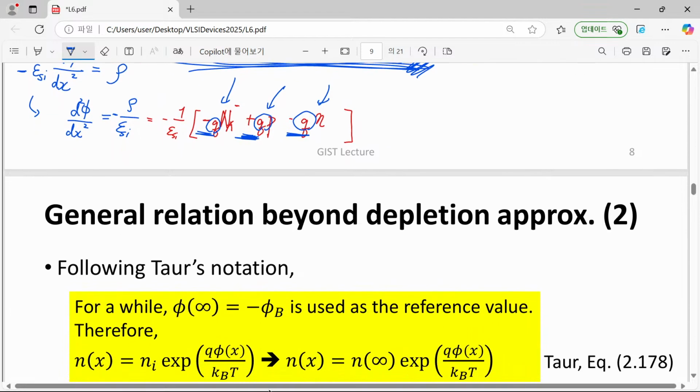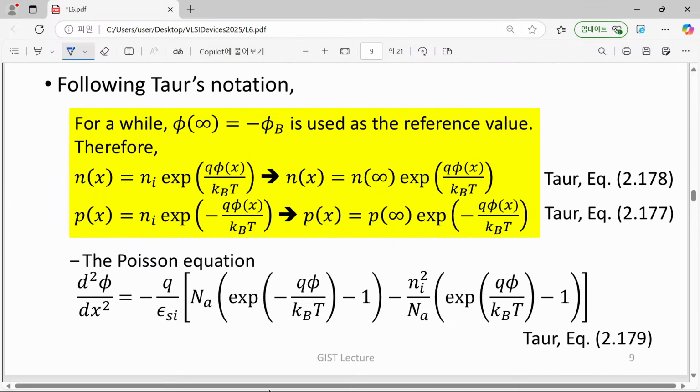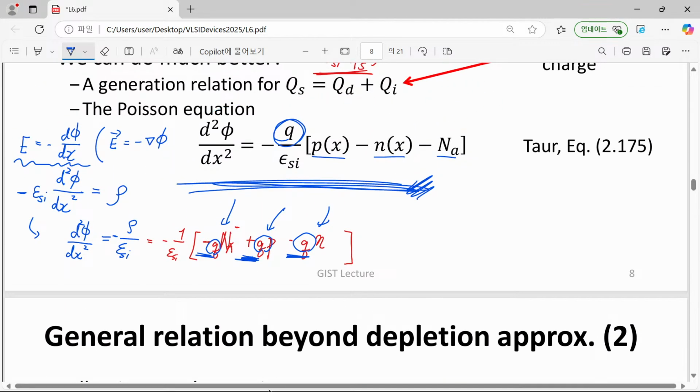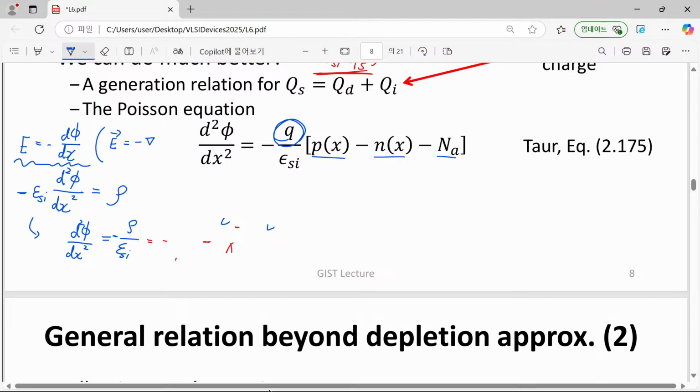Now, when we have a look at this Poisson equation, our goal is to calculate some information about this MOS system. Although we wanted to know something about phi, to be more honest, what we want to get is not the entire position-dependent phi, but just these two quantities.